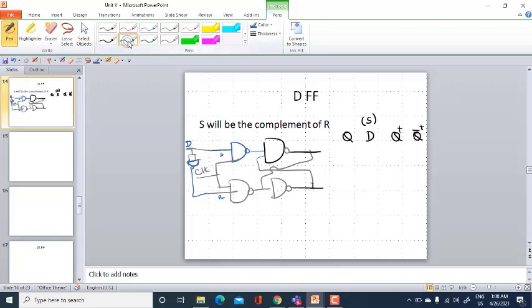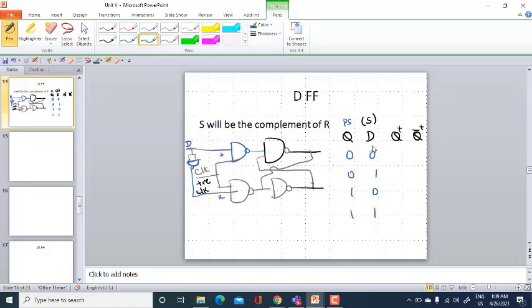Now we have tied them together, and we have only one input here, D, and one more, that is your present state. So 0 0, 0 1, 1 0, 1 1 will be the input combinations. Again you are considering this as a positive, level triggered clock pulse.